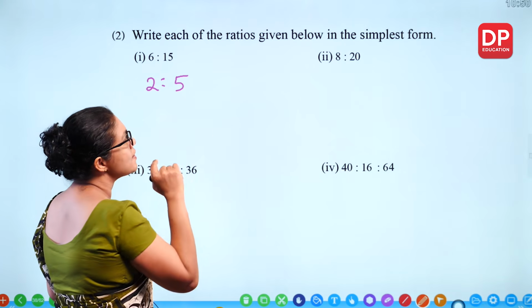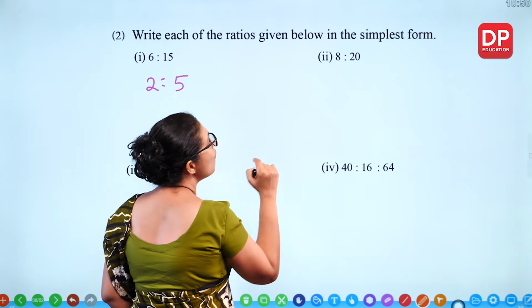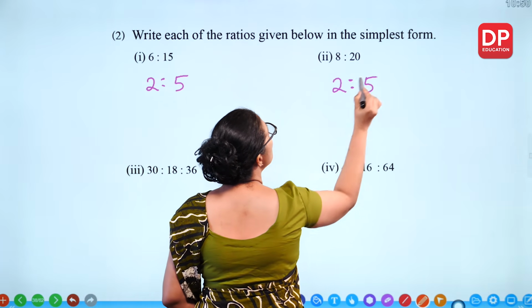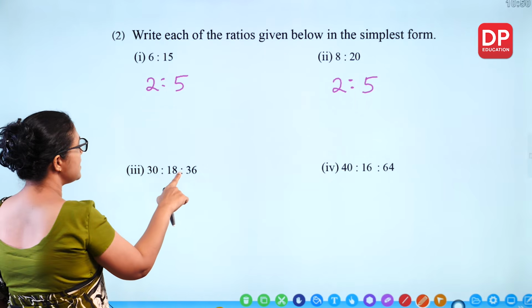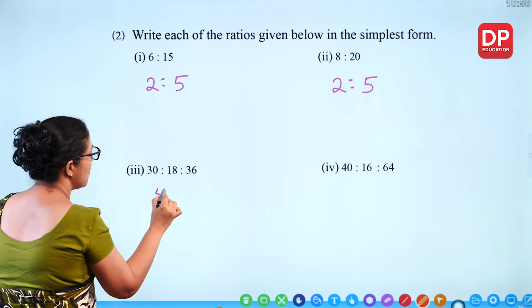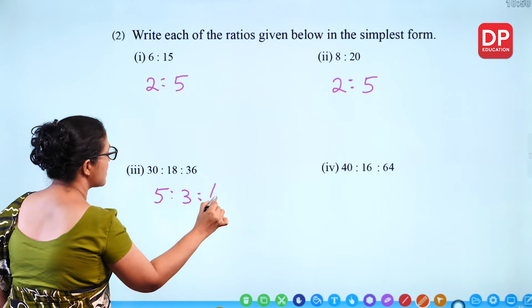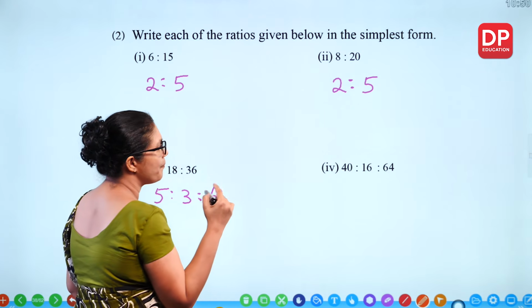That's the lowest form or simplest form. 8 to 20 you can divide by 4: 2 to 5. 4 times 5, 20. 30, 18, 36 you can divide by 6: 5, 3, 6. That's the lowest ratio or simplest form.